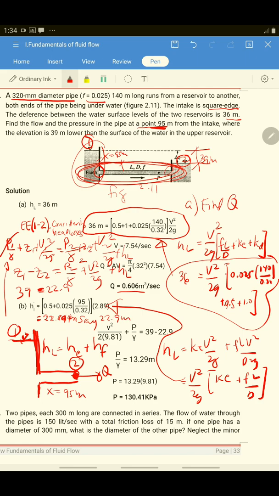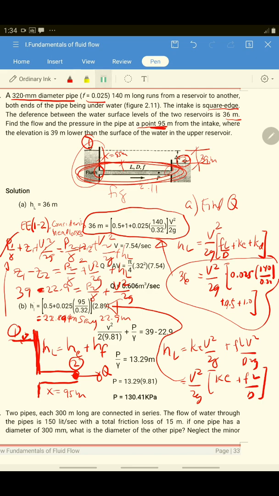So you have 39 minus 22.9 is equal to P2 over gamma plus V squared over 2G.